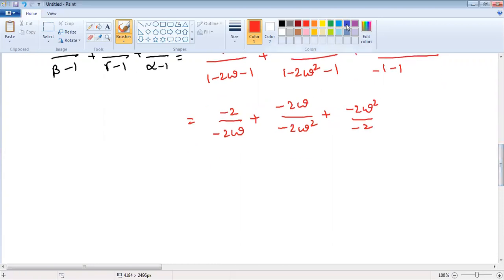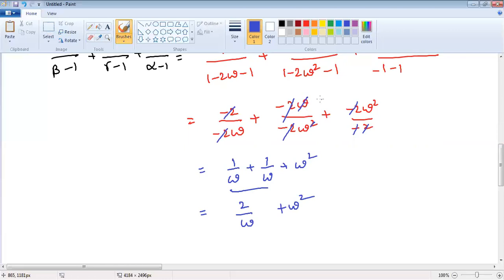Now everywhere the terms which cancel, let them be cancelled. After cancelling, what we get? 1 by omega. Then here also 1 cancels, 1 by omega and omega square. Now this simplifies to 2 by omega plus omega square.